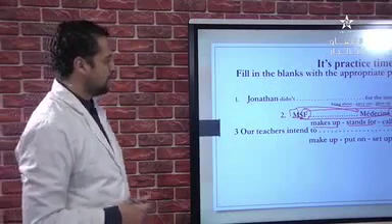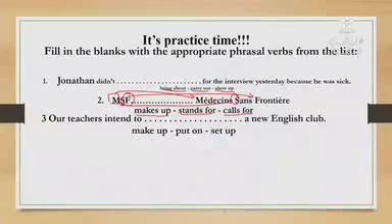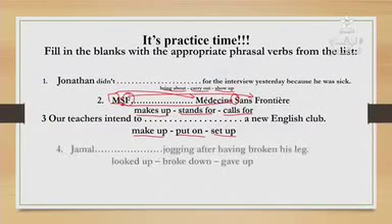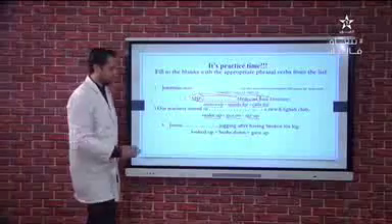The third one, number 3: our teachers intend to ___ a new English club. We have make up, put on, or set up. Number 4: Jamal ___ jogging after having broken his leg. Of course, the one who has his leg broken can't go jogging, so what are we going to do here?